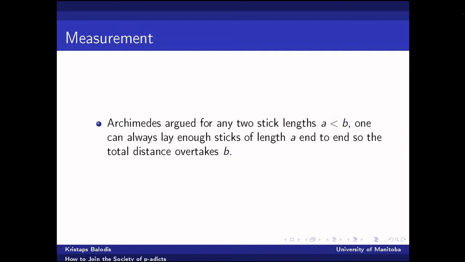So the reason why this is called Archimedean versus non-Archimedean is, of course, Archimedes.